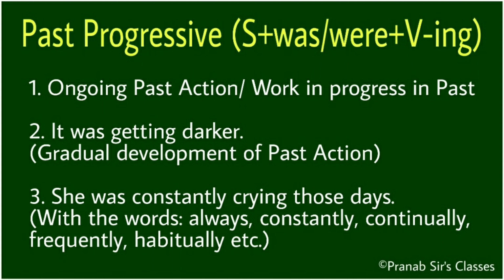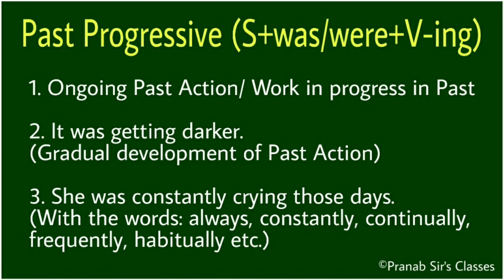And finally, she was constantly crying those days. Here the past progressive is used with some of the words like always, constantly, continually, frequently, habitually.